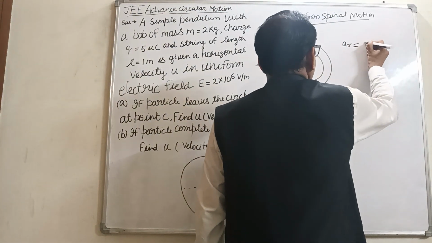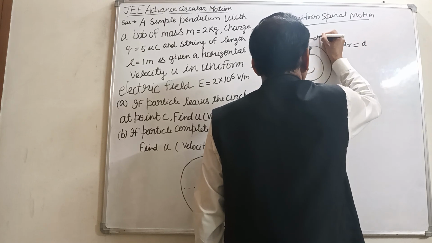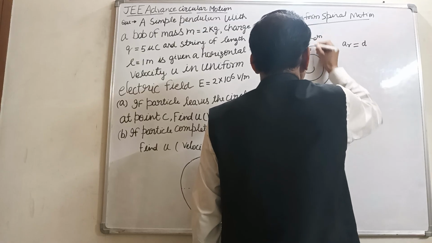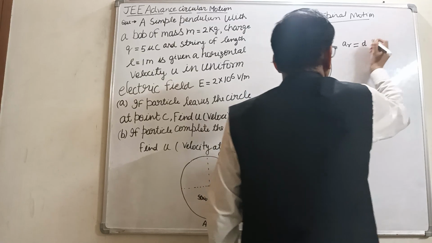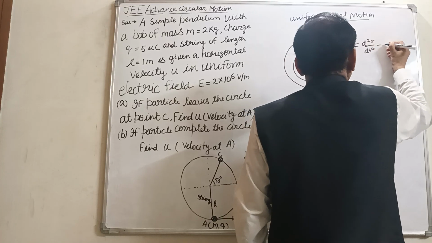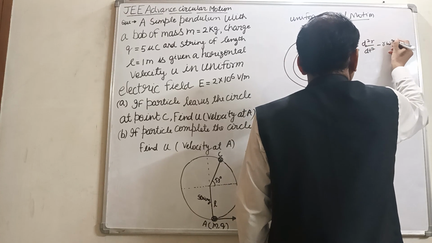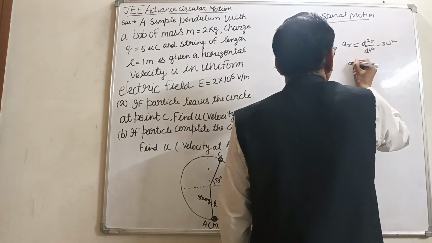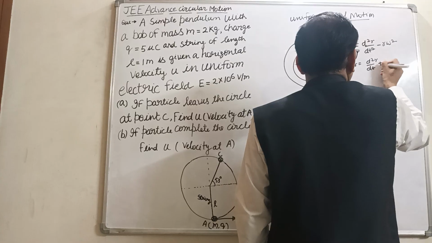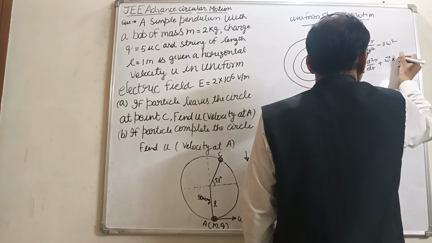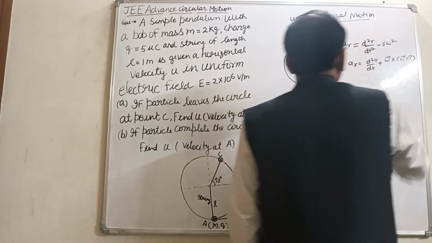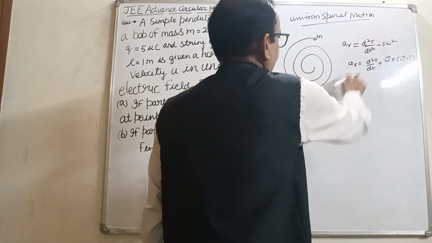What would be radial acceleration? Along this, d2r upon dt square minus r omega square. We write here a_r would be d2r upon dt square plus omega vector cross r vector. This is radial acceleration a_r.